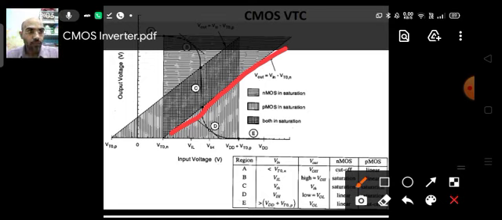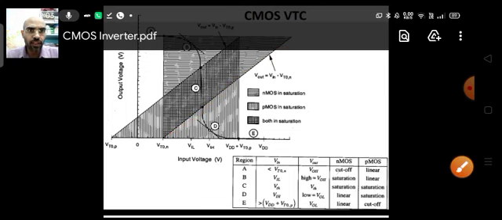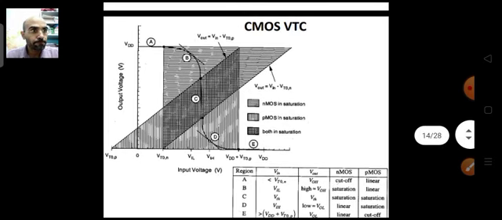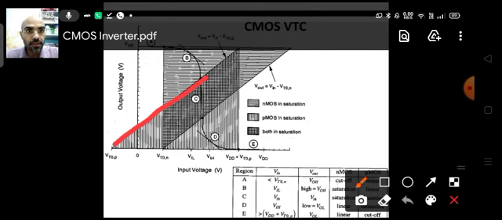Now similarly you can differentiate the thing for PMOS. For the case of PMOS, if you consider this line, below this line your PMOS works in the saturation region, whereas above this line it works in the linear region.